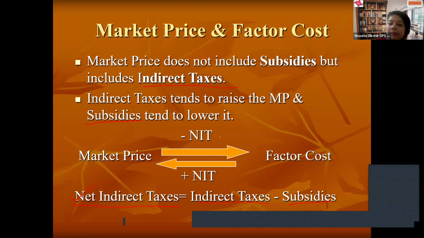That means MP minus NIT is equal to FC, and FC plus NIT is equal to MP. Please note it down in the same flow in which it has been written here. It is very, very important. And you can also take a screenshot.